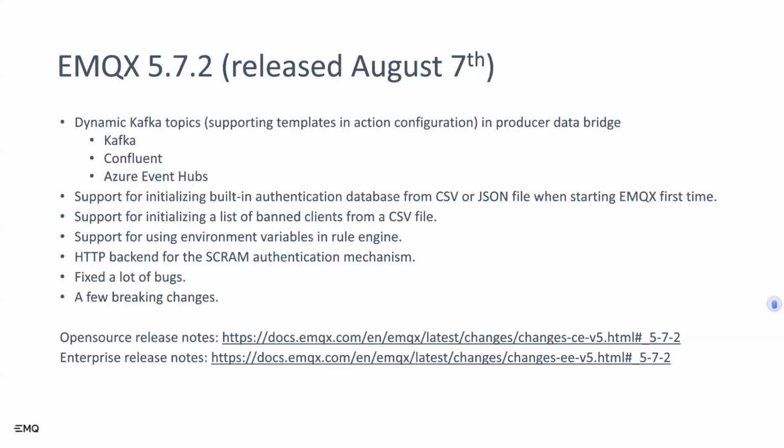Somewhat advanced is HTTP backend for SCRAM authentication. SCRAM authentication is an advanced authentication mechanism for MQTT, and there are not many libraries that support it. But some of our clients do use it, and this allows plugging in an HTTP backend for this mechanism. And of course, as usual, we fixed a lot of bugs found by our team and our users and customers.